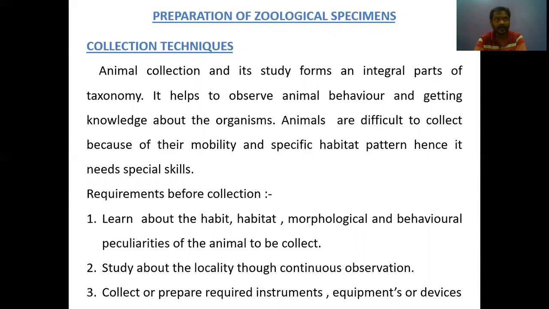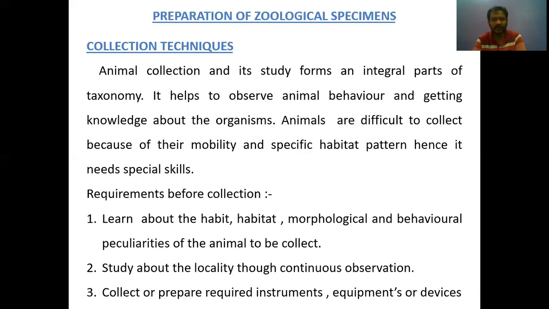Animals are not like plants; they are very difficult to identify and also very difficult to collect because of their mobility and their specific habitat patterns. Hence, some basic skills are needed. First of all, you must know what sort of specimen you are going to collect.